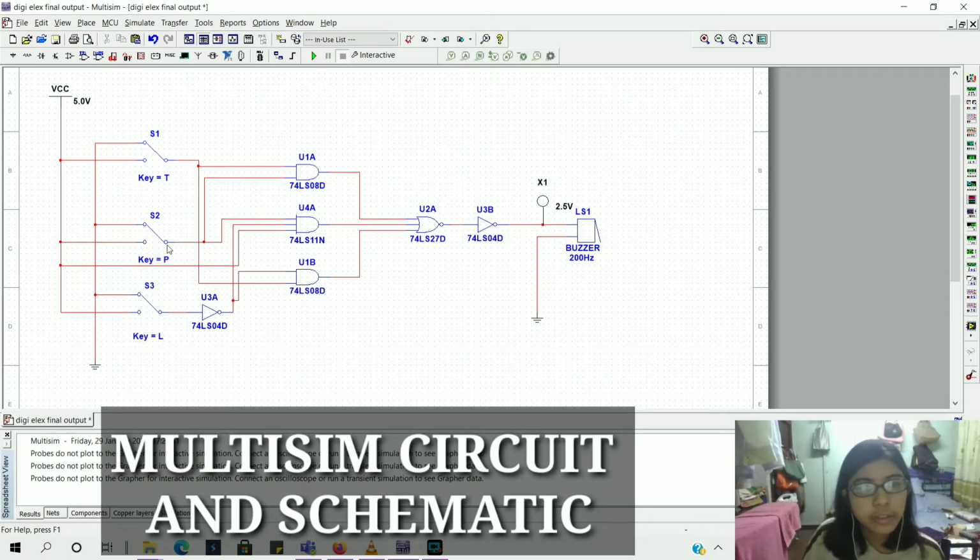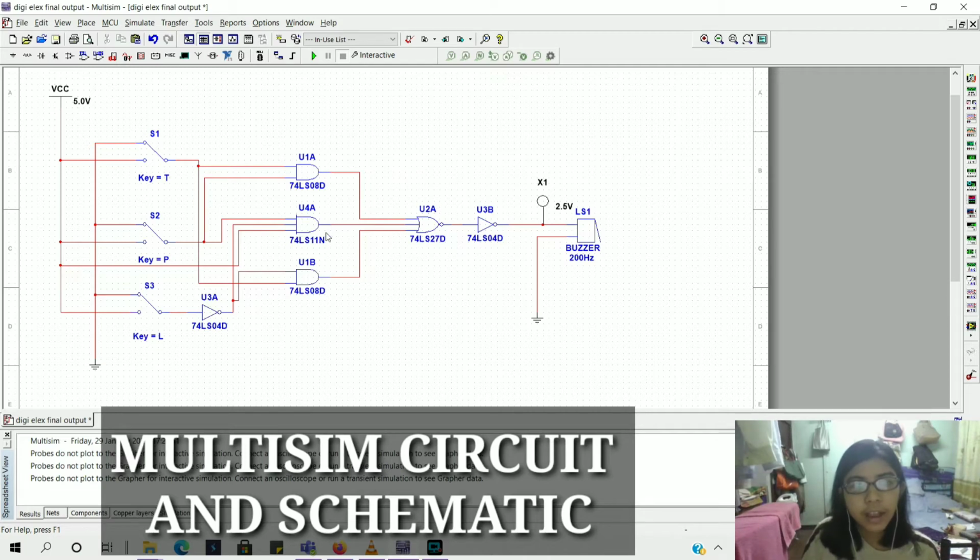The pressure is connected to one of the AND gates, which is here, and it is also connected to one of the inputs in the triple AND gate. The remaining input in the triple AND gate is connected to the 5 volts, which makes that input always on.